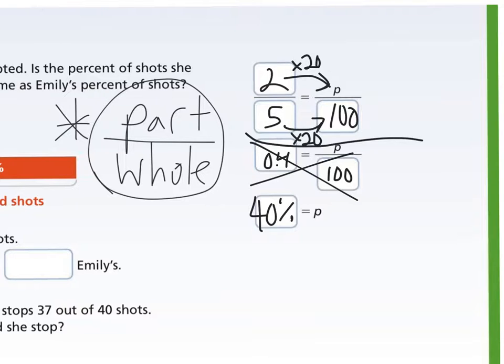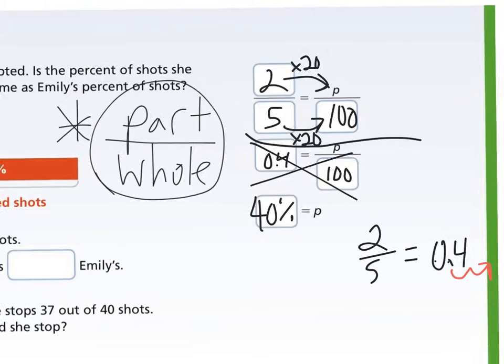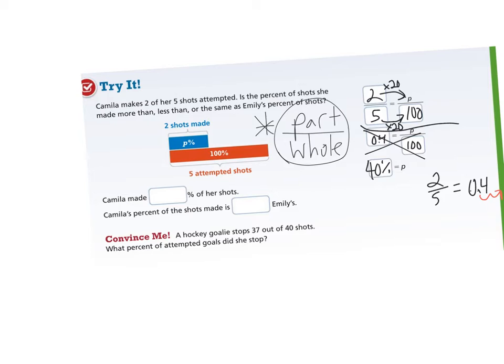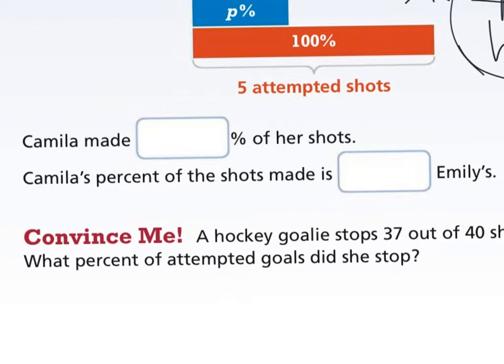Or like I said, we could just take 2 divided by 5 and you would get 0.4, or 4/10. And then if you move your decimal 2 spots to the right, that would give you the 40%. So anyway, she made 40% of her shots and the other person made 75%. So the amount she made is less than Emily's.